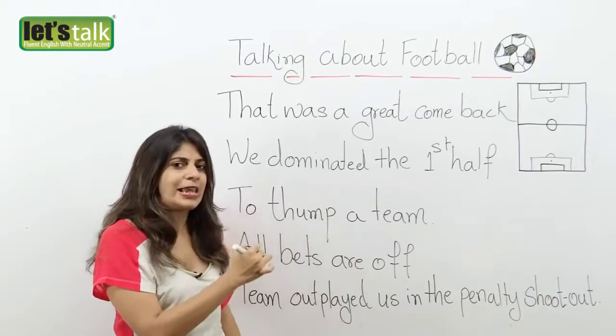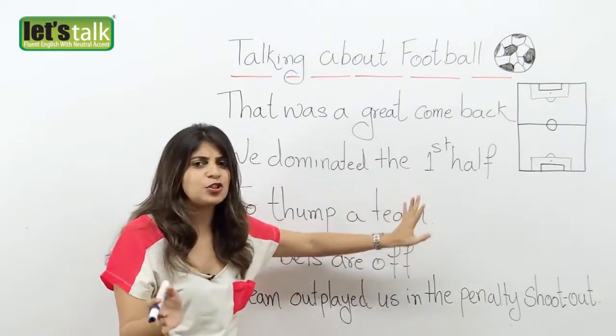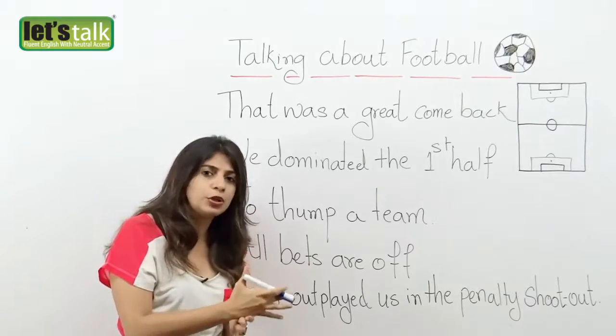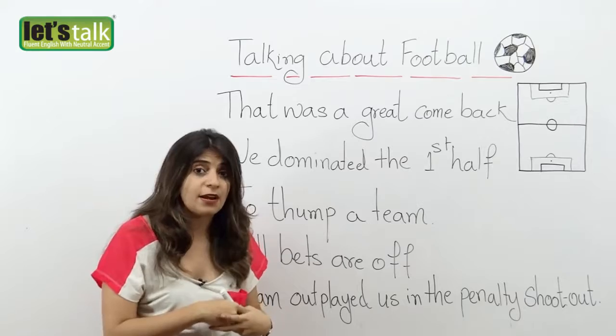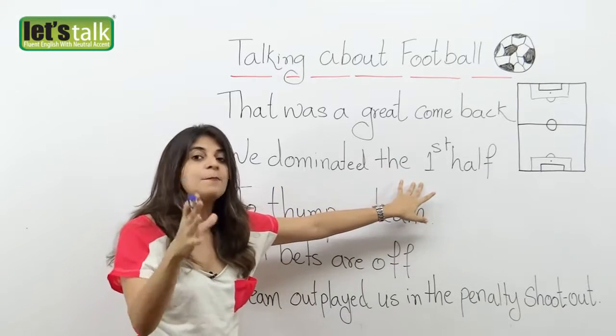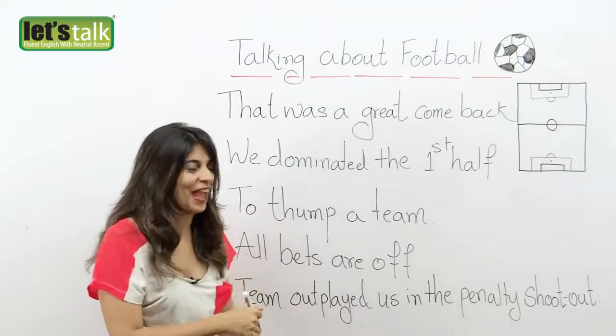So maybe this team was doing extremely well in the first half, okay? They were just too good. The players definitely scored some good goals and they defended themselves very well. So they dominated the first half. They did pretty well in the first 45 minutes of the game, okay?